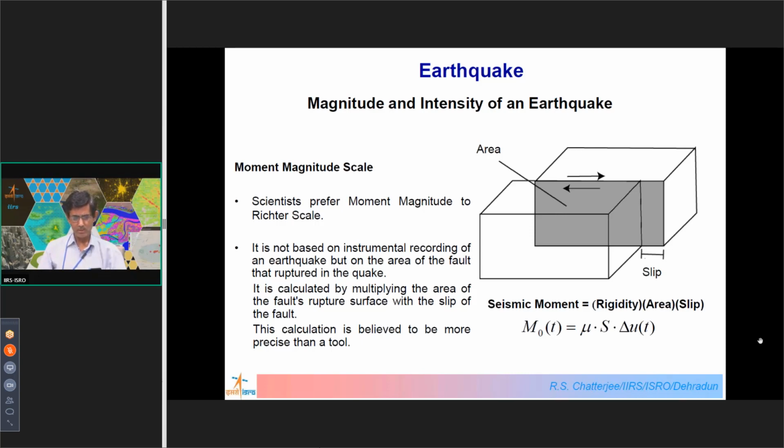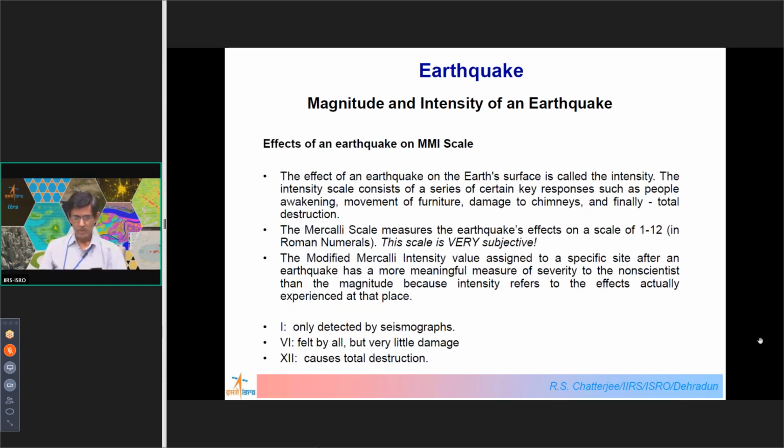It is calculated by multiplying the area of the fault's rupture surface with the slip of the fault. On the right side, you can see this formula: the seismic moment M0 equals mu times S times delta u, basically the rigidity, the area, and the slip of the earthquake.